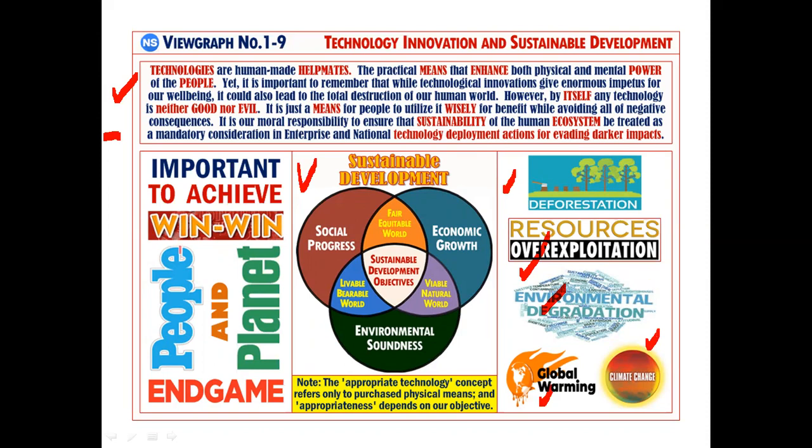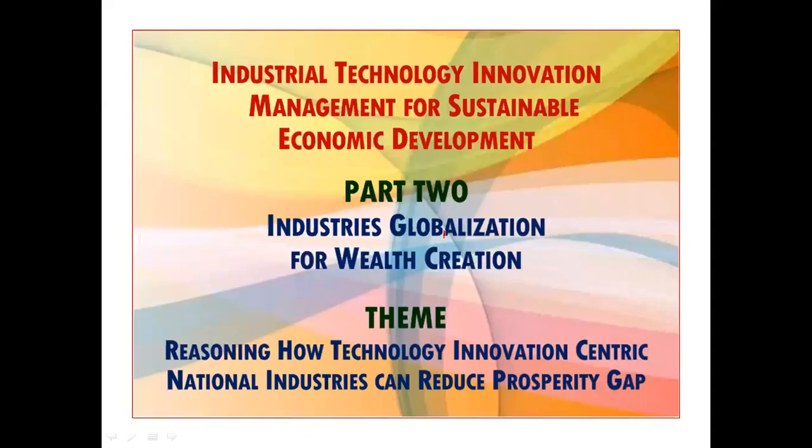So our resolution is, it is important to achieve a win-win endgame. What is a win-win endgame? It's a win for people, it's a win for planet Earth. Environmentally sound, social progress, and economic growth. We have to remember that. With that, I have completed part one.